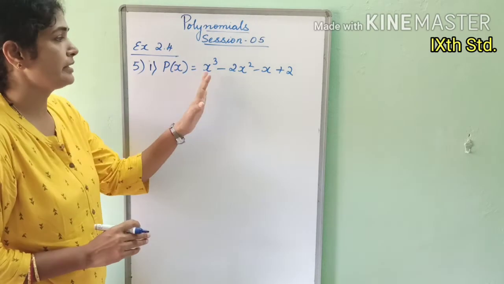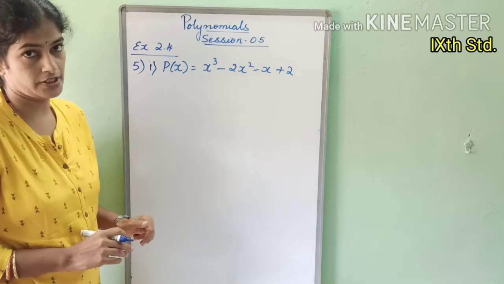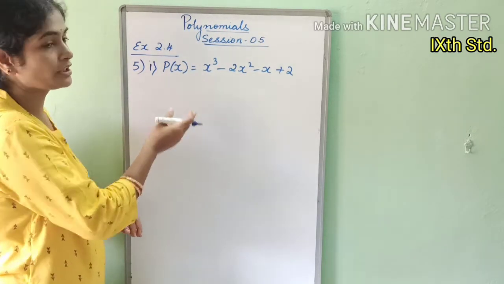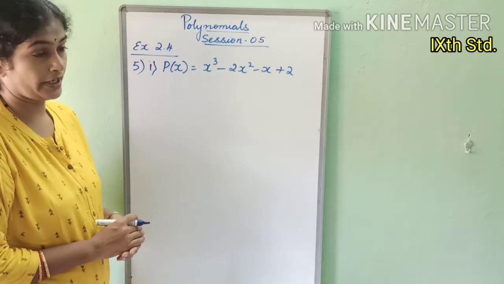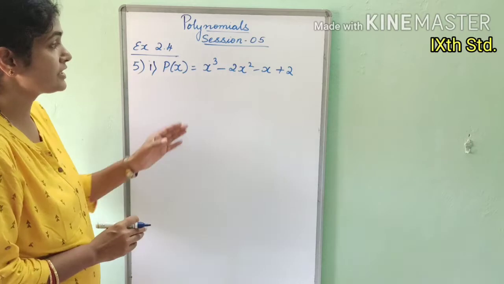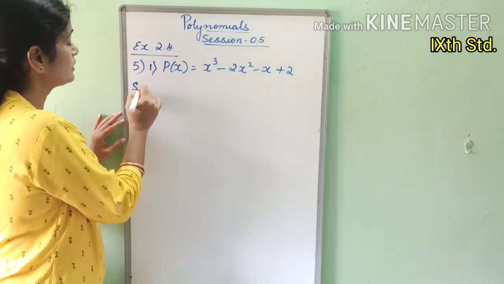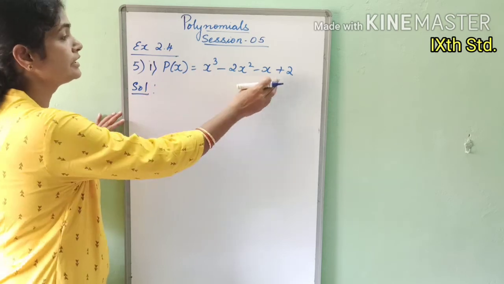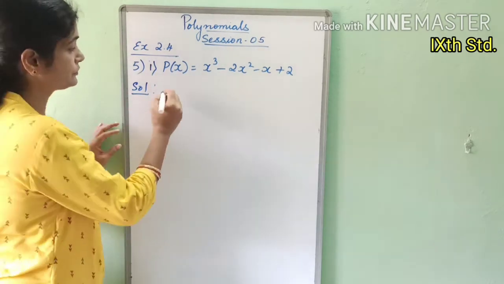So first, by trial and error method, we will try to get one factor. After that, we will do the long division of this polynomial and try to get the other two factors. Because it is a cubic polynomial, we will have a maximum of 3 zeros or 3 factors for this. So we will find out the factors for this constant term 2.